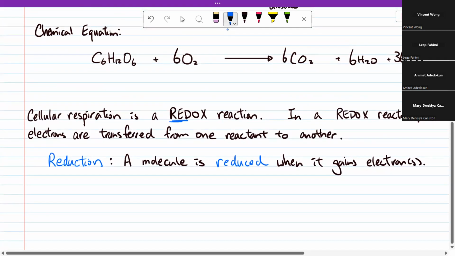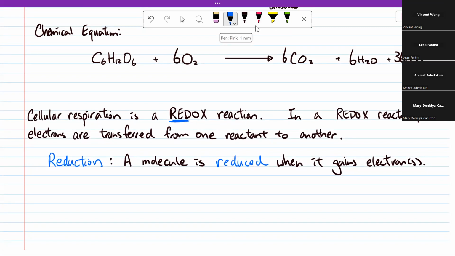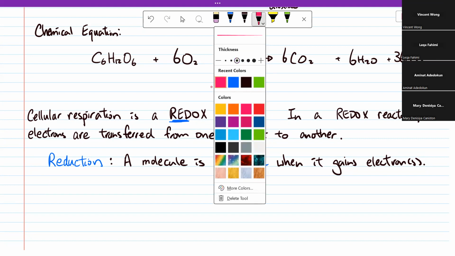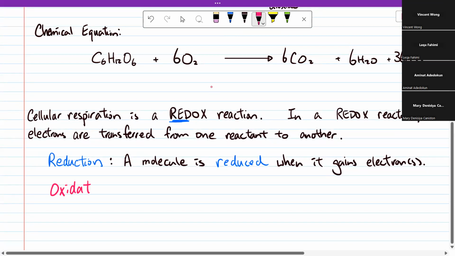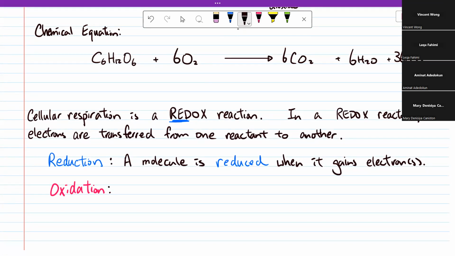I guess that's where the red comes from in redox. And the opposite of reduction is oxidation. A molecule, and I guess it doesn't have to be a molecule, it could be like a particle, a thing, is oxidized when it loses electrons.